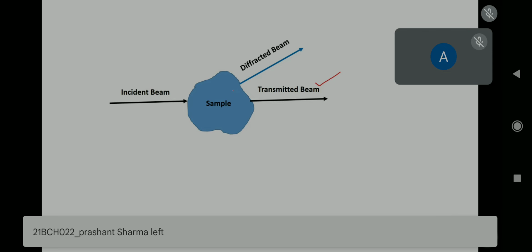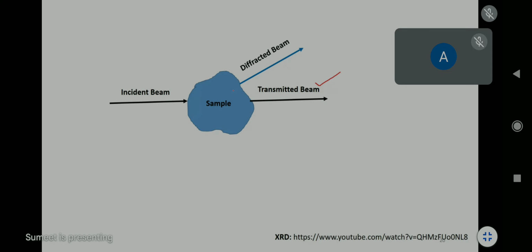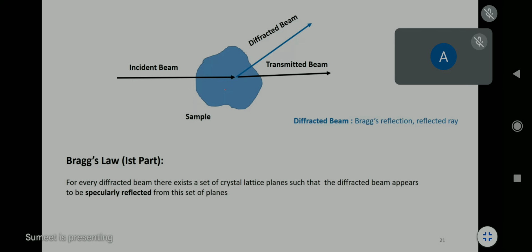So this is a very important slide, so please look at it carefully. The incident beam should be transmitted in a single direction, but it is getting diffracted in different directions. So how is it getting diffracted? We will consider this particular direction.